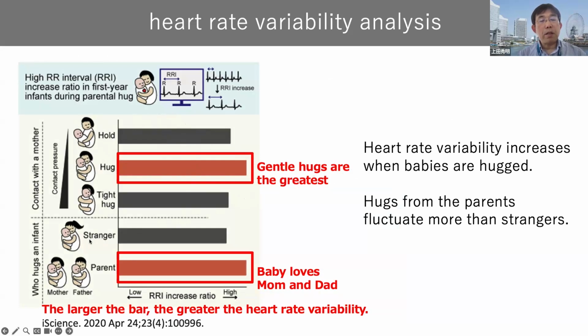And when strangers hug them, what we find very interesting is that the baby tends to love mom and dad. So hugs from parents fluctuate more than from strangers. The larger the bar, the greater the heart rate variability. So it should be good for the babies.